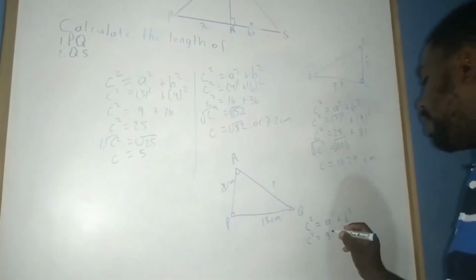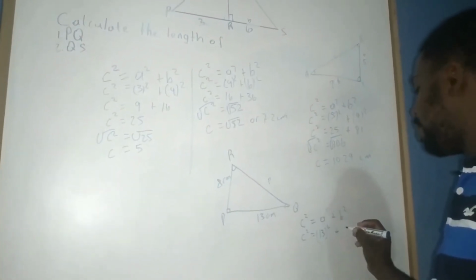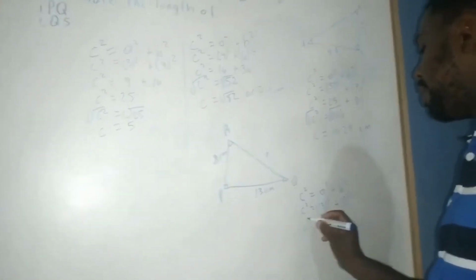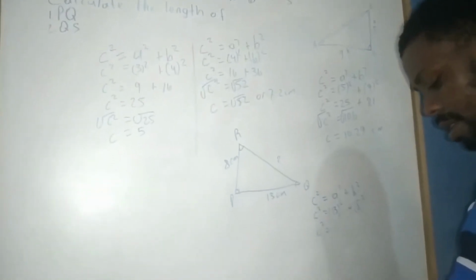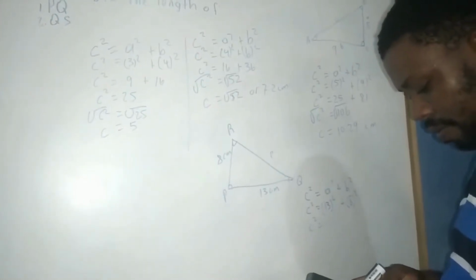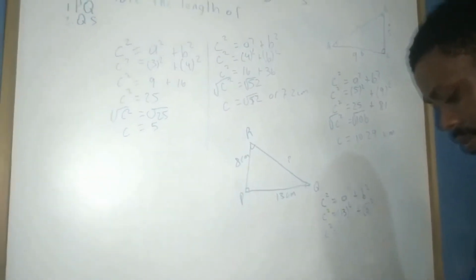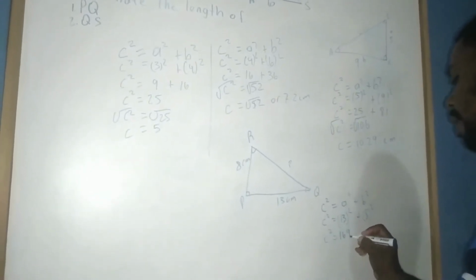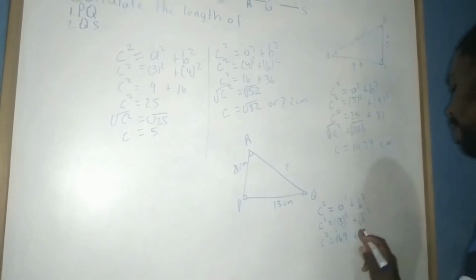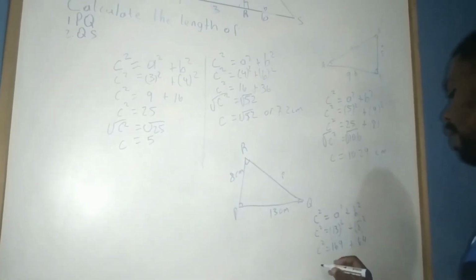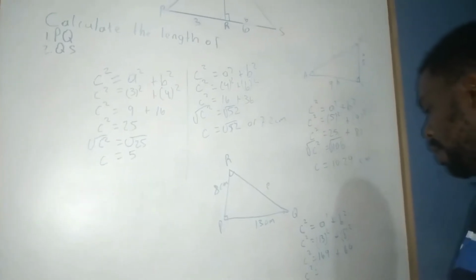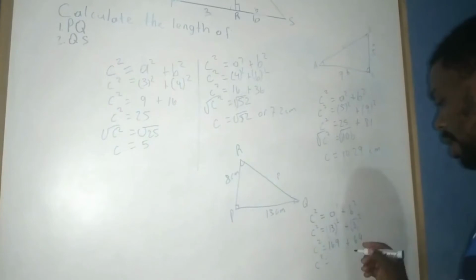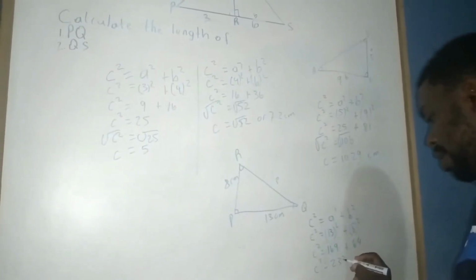We get 13 squared plus 8 squared. So C squared is equal to 169 plus 64, and that's equal to 233.